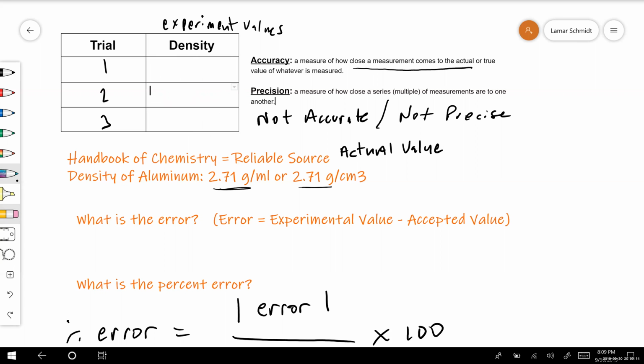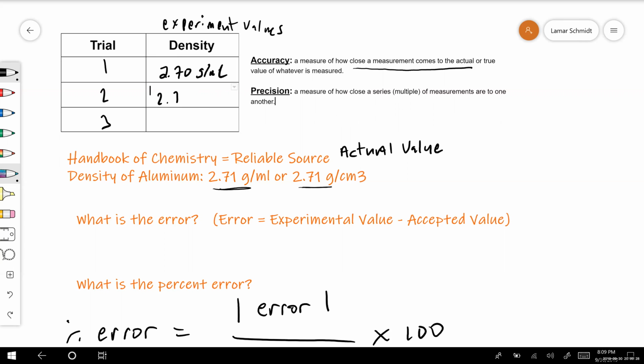All right, let's look at another example. Let's say that I did another trial, I did another experiment, and this time I got 2.70 grams per milliliter, 2.71 grams per milliliter, and 2.71 grams per milliliter.